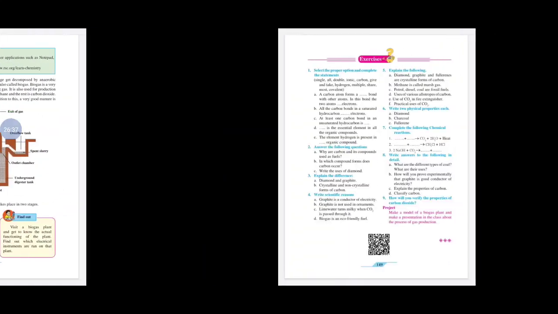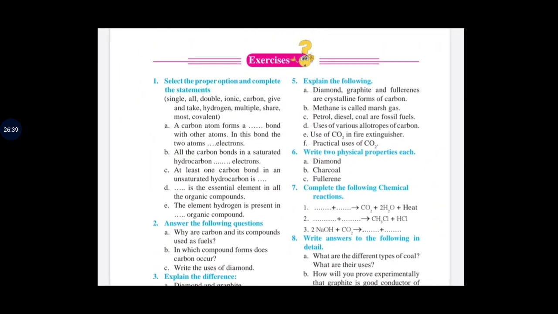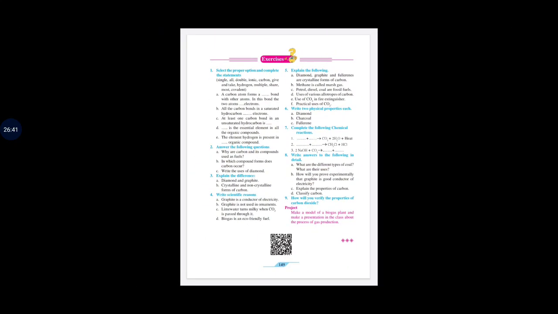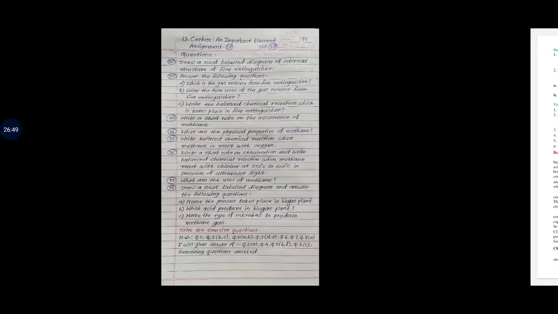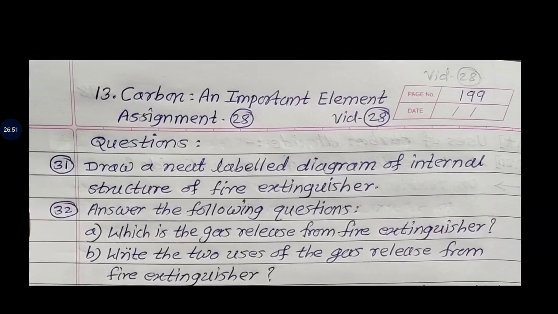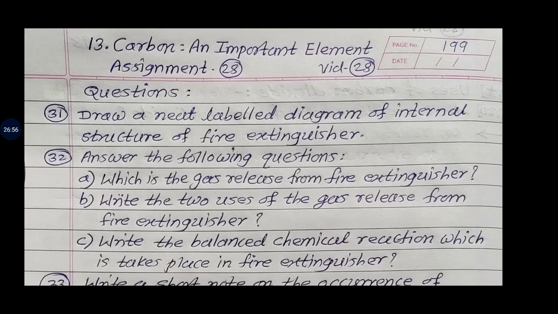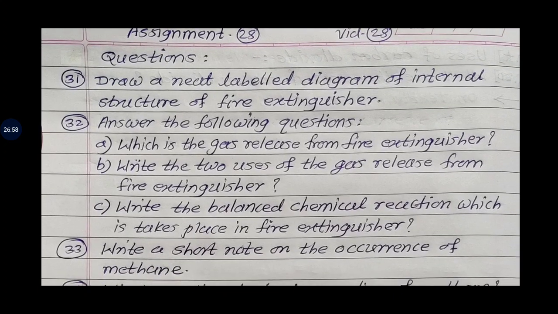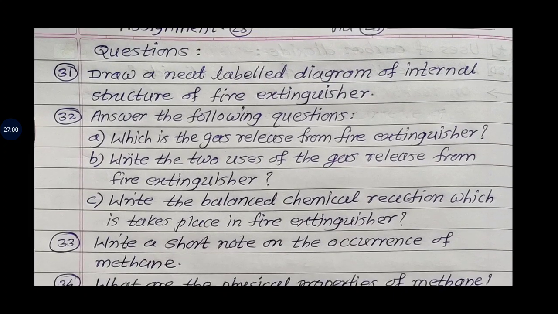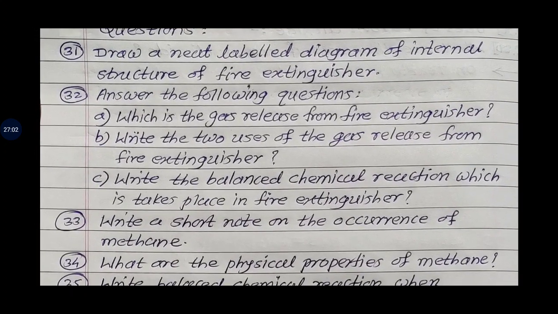Now see there. This is the exercise of this lesson. I will show which questions are omitted and which questions are for your homework. Related to today's video, questions are like this. Assignment number 28. Draw a neat labelled diagram of the internal structure of a fire extinguisher.